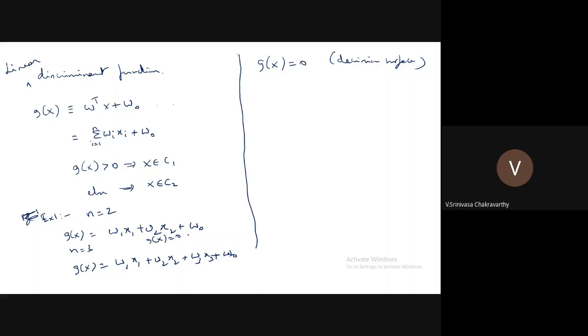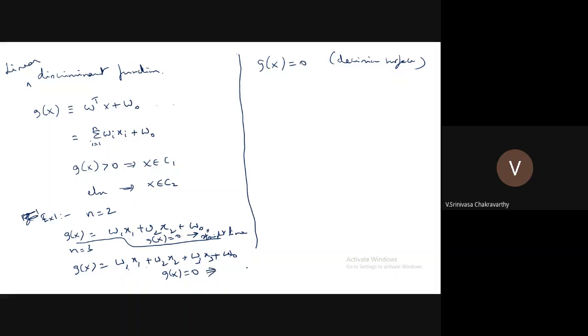So in case of 2D, if g of x equal to 0, what kind of geometric object is it? It's a straight line. And in 3D, w1 x1 plus w2 x2 plus w3 x3 plus w naught is equal to 0, or g of x equal to 0.